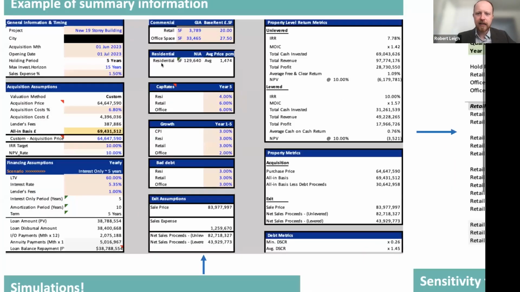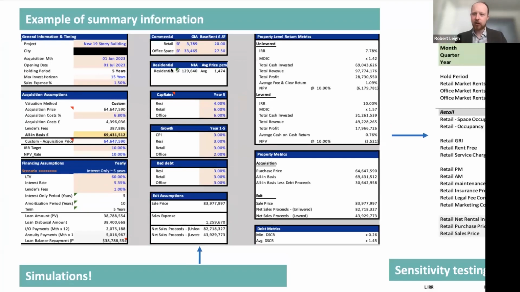Now, I want you to take note that this is actually some work that people have done in the past that I've received. So I'm not saying this is the best way of presenting, right? And we can pick up on some of the problems when we look at this person's attempt on a question. I've hidden some of the personal information about the building because it's a real life building. So this is an idea of what this person created.